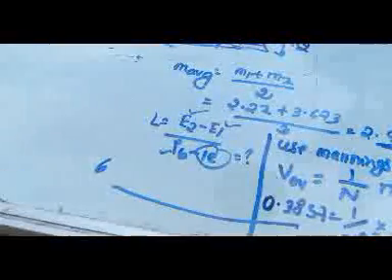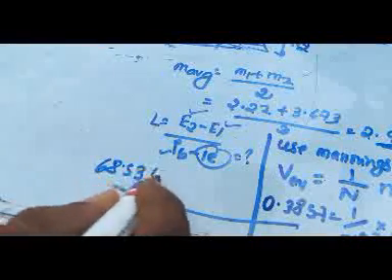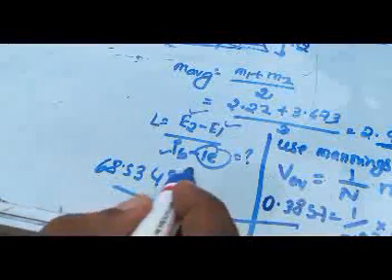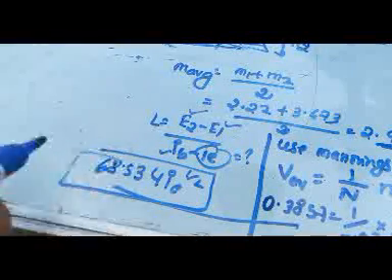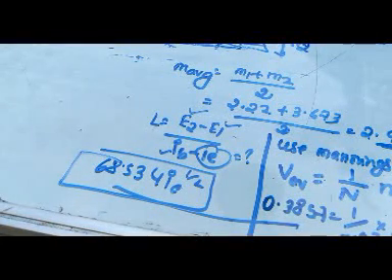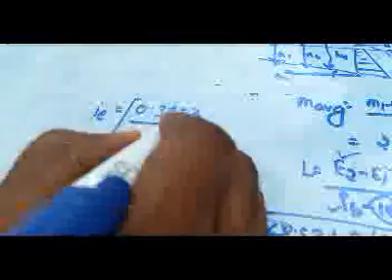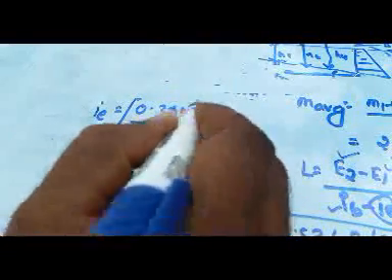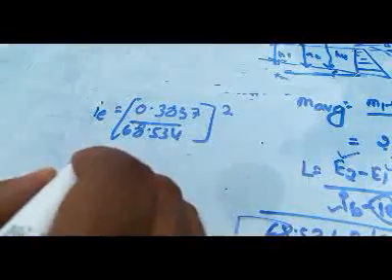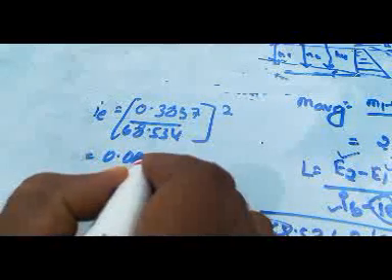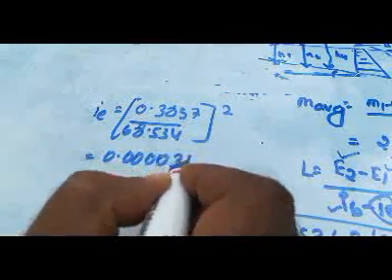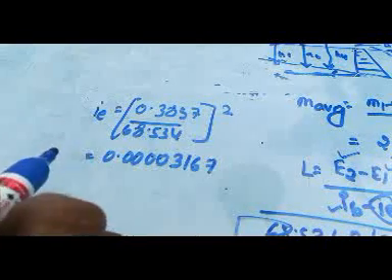The answer is 68.534 I to the power E 1 by 2. So the IE value is 0.3857 divided by 68.534, squared. The answer is 0.0003167.